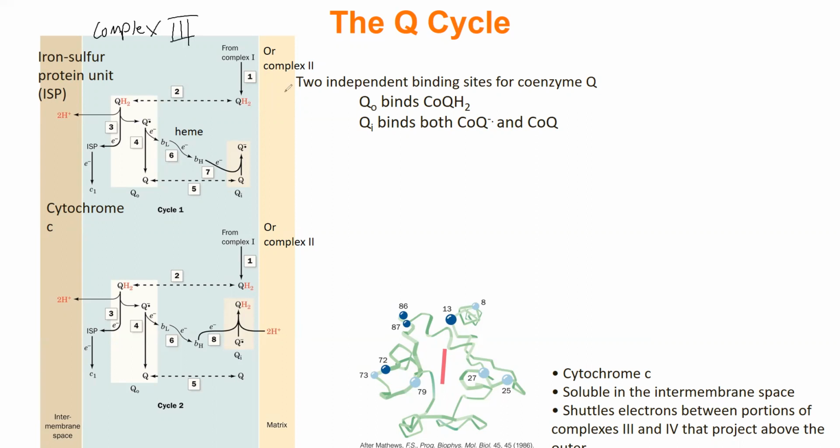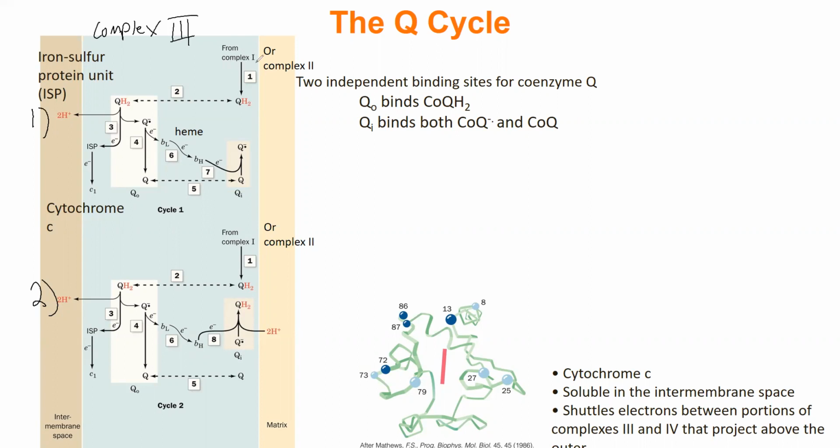This whole process is getting electrons off of Q and to get them to cytochrome C. And it's done in 2 steps. So the top of this picture is like step 1 or phase 1. The bottom picture is step 2 or phase 2. So let's go through the Q cycle.